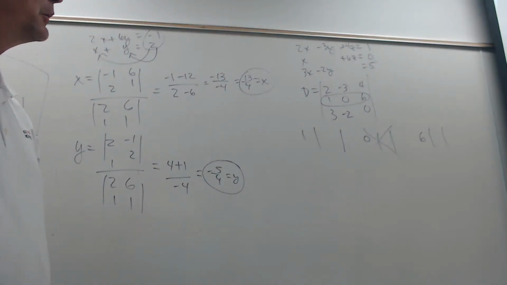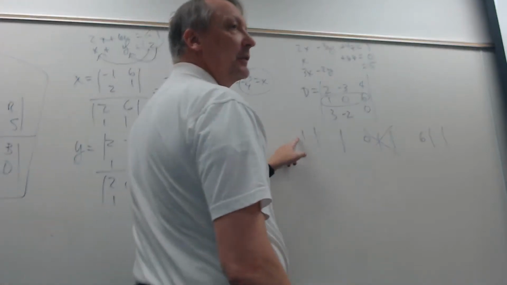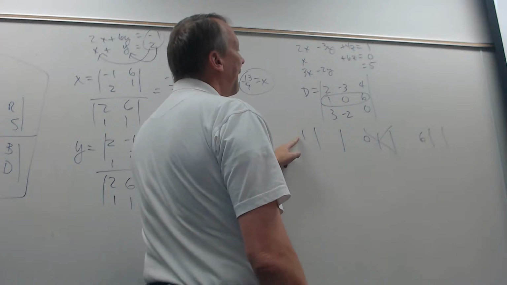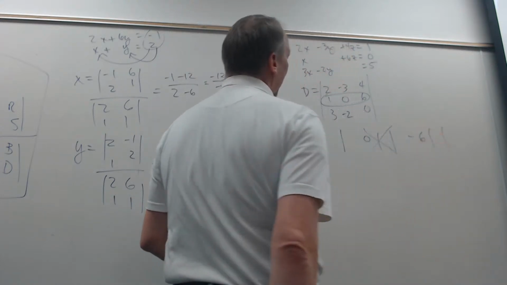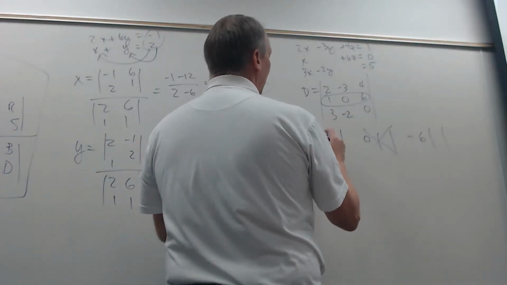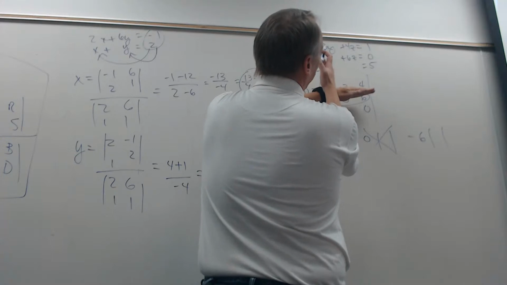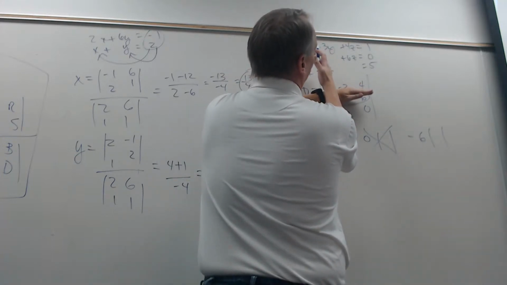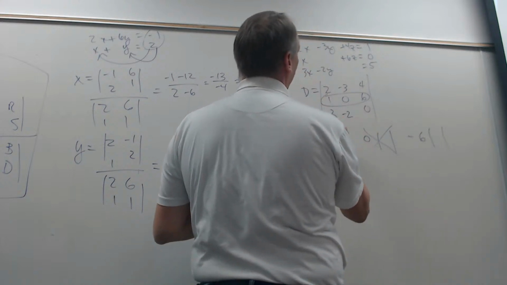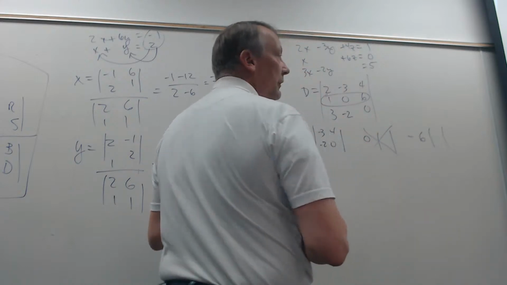Okay, so now the question is, is this positive or negative? That one is negative, and this one is also negative, okay? So in this case, cross out the ones, we're left with -3, 4, -2, and 0.